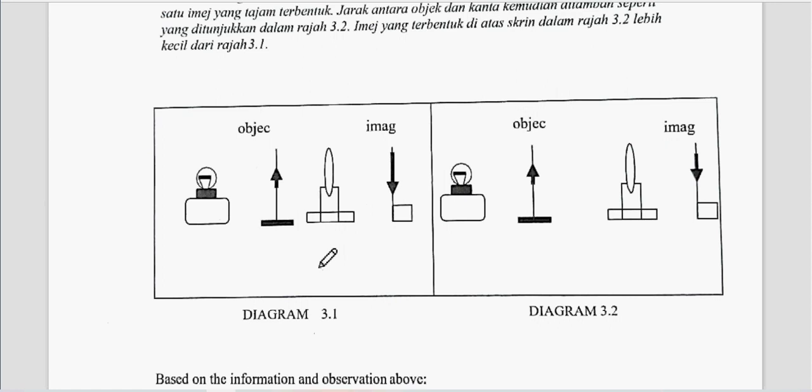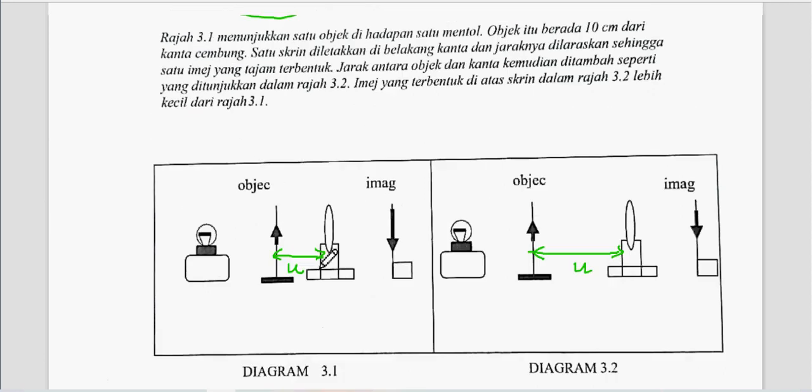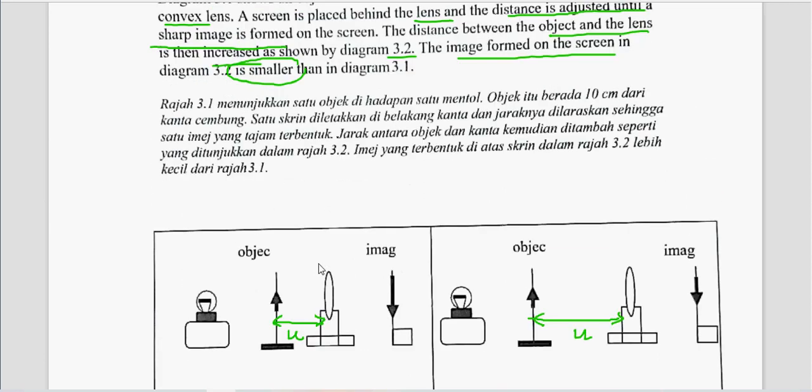So similar, okay, but the difference will be here. So this distance here is greater. Okay, so the distance between the object and the lens is the object distance, U. Then you can see the one that is highlighted is the size of the image. You can see here, smaller. So it means this one is a smaller size of image. For size of image, you can use the word height of the image, ketinggian.